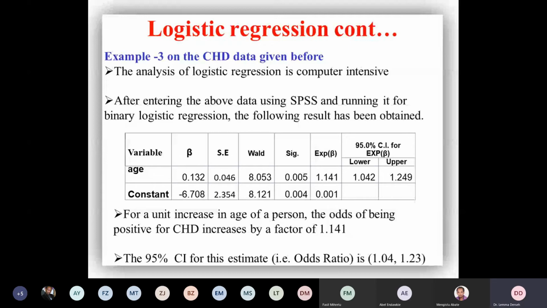Its beta value is 0.132, the standard error is here, the Wald is here, the p-value is there, it's significant of course. We have exponent of beta, which is 1.14, and the confidence interval for exponent of beta is here. So you can calculate the confidence interval for beta just by taking the logarithm, or beta plus or minus z alpha over 2, that is 1.96, times the standard error.